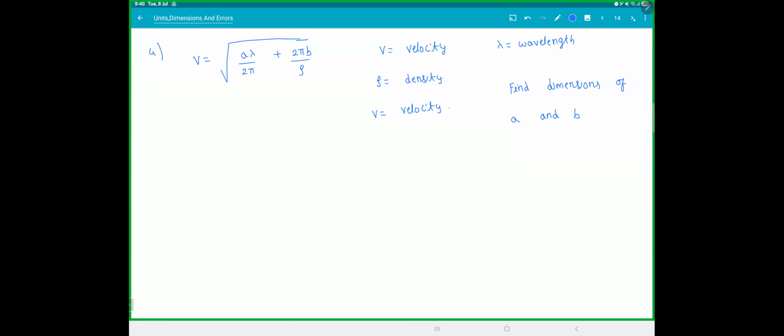Get the other one, B also. Get the dimensions of A and B. Right. ML minus 1 T minus 2. Let's see, B dimensions even I need to check. I don't remember.